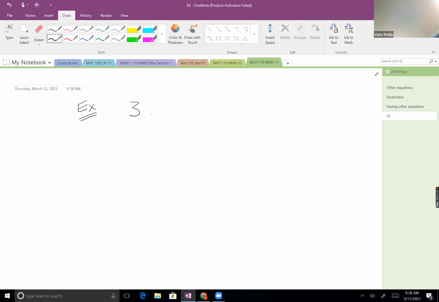This time, let's look at 3x to the 4th equals 81x. Again, don't cut corners. Don't try to eliminate things. We want to make one side 0 and factor. So I'm looking at my highest degree term.